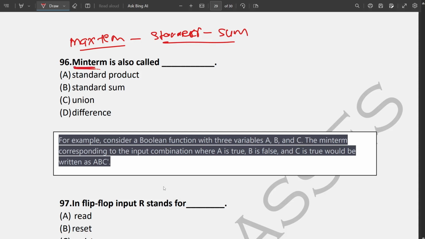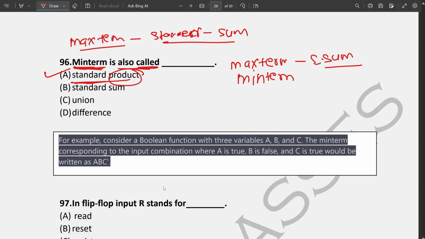And here is minterm. Minterm is also called what? Product. Minterm is a product. Whenever you see maxterm, the answer will be standard sum, and when you see minterm, the answer will be standard product, multiplication, like that.